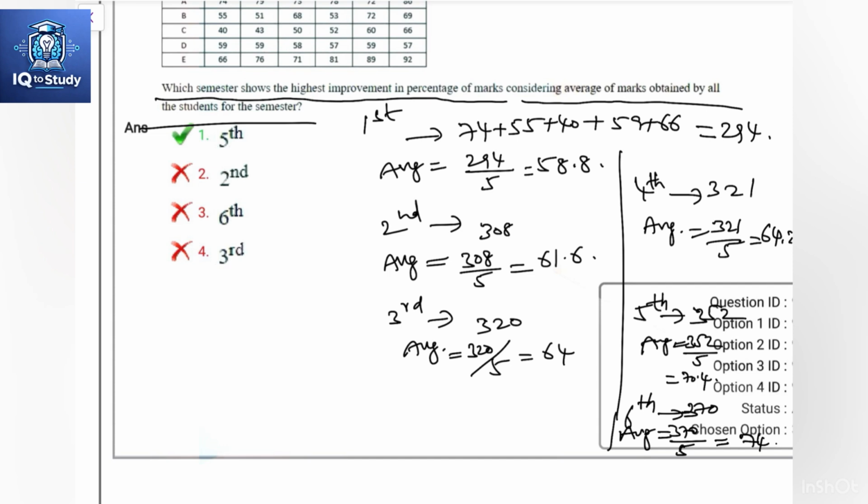Here, according to the question, we have to find highest improvement in percentage of marks considering average of marks obtained by all students for the semester.